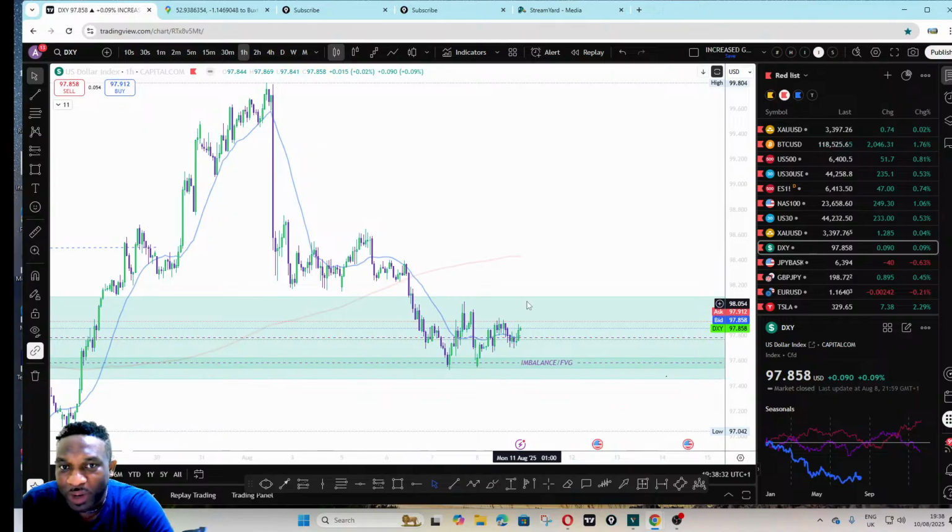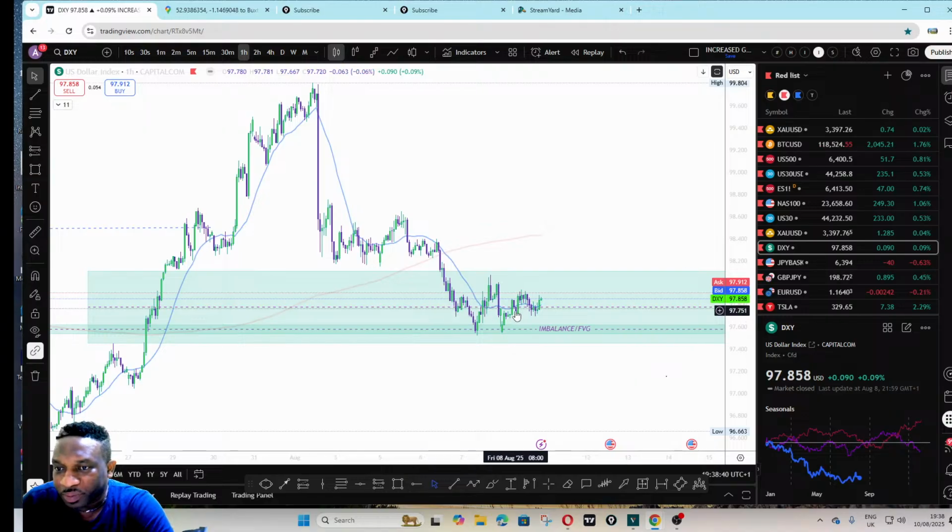So if the DXY is going up, that means gold might be going down. This is the opposite, so it's more or less pairing the DXY with gold.